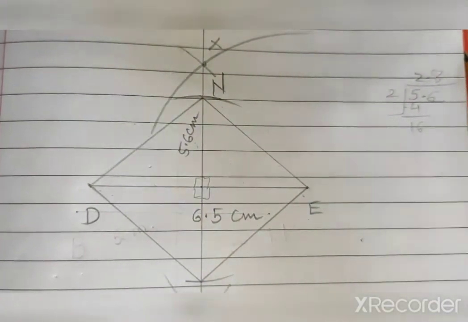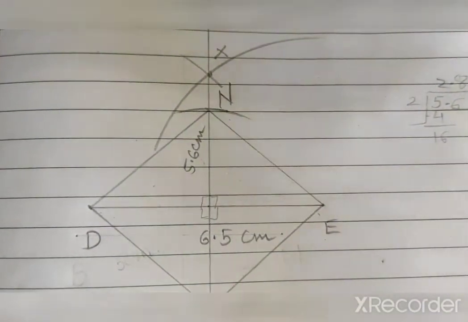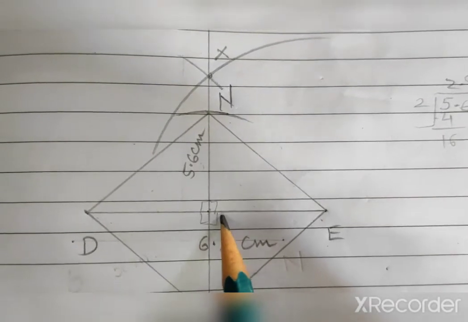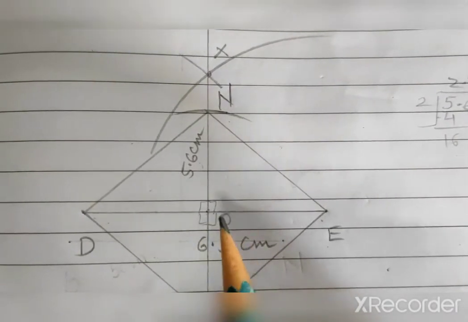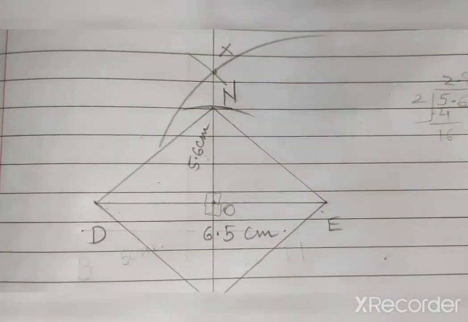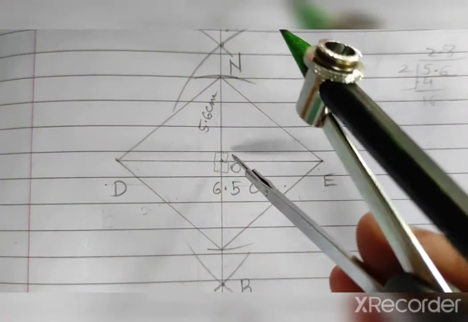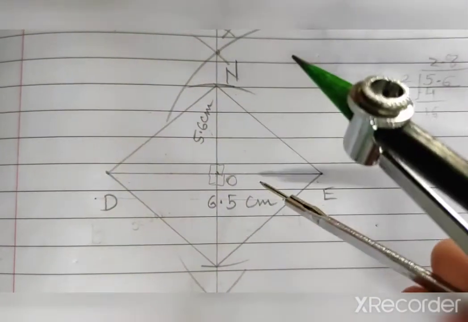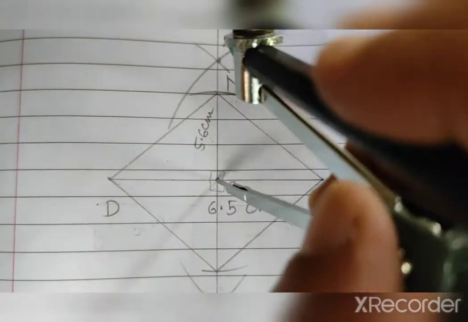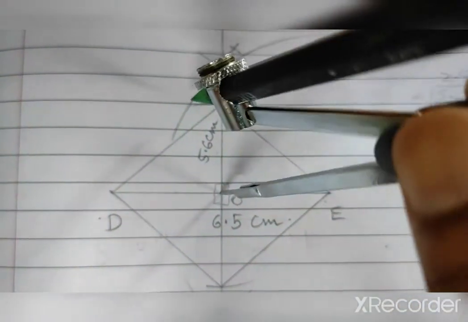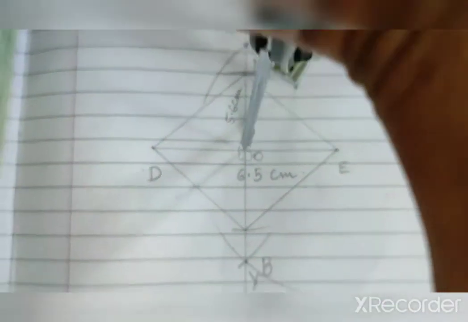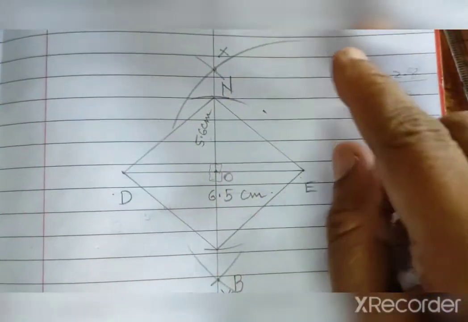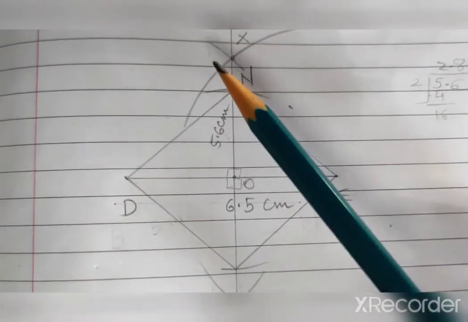And the intersecting point of this perpendicular bisector, you can give the name O. So what we will do? Taking this radius with O as the center, we will draw an arc here, upper and below. So we will get again the intersecting points.